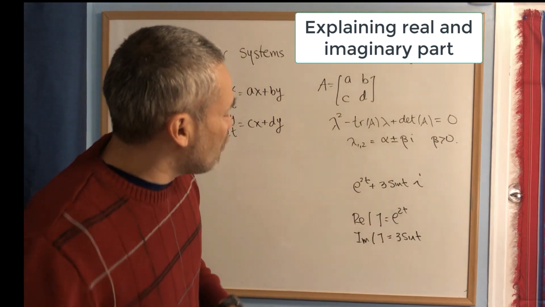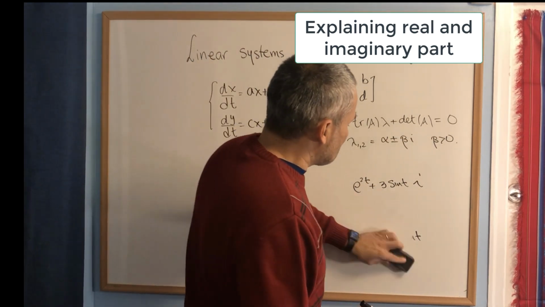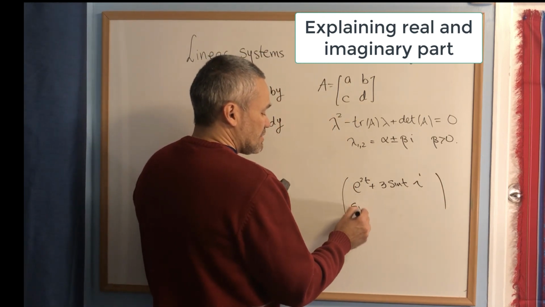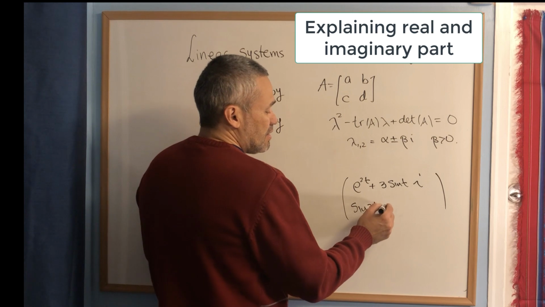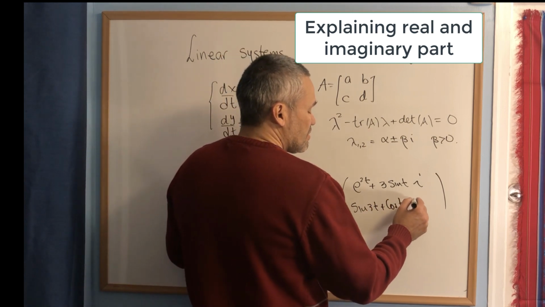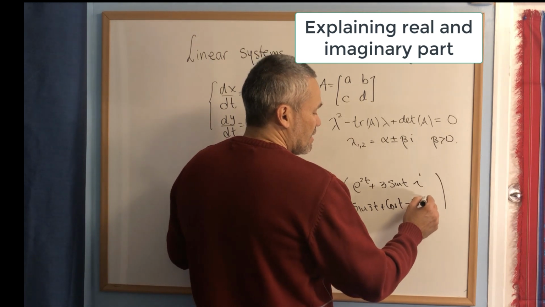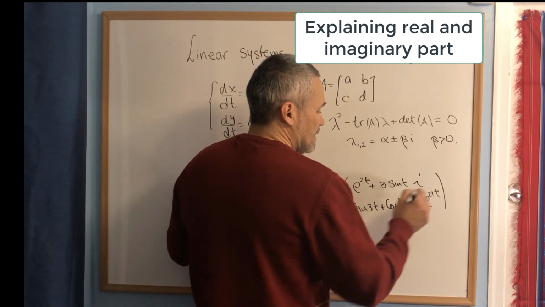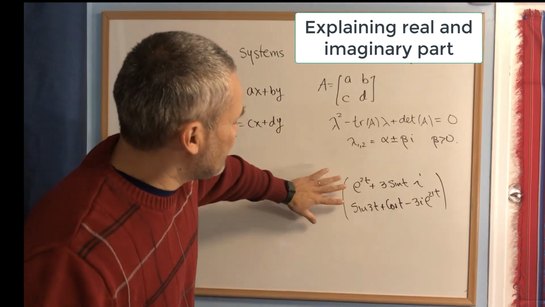And that works also for vectors. Let's suppose that you have a vector like sine of 3t plus cosine of t, minus 3i e to the 2t.